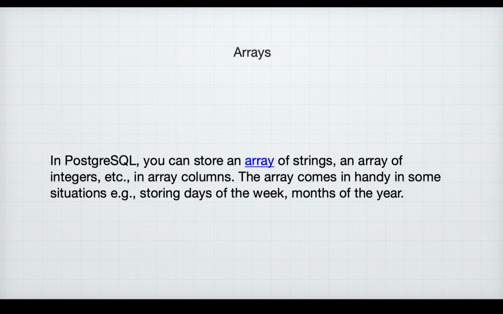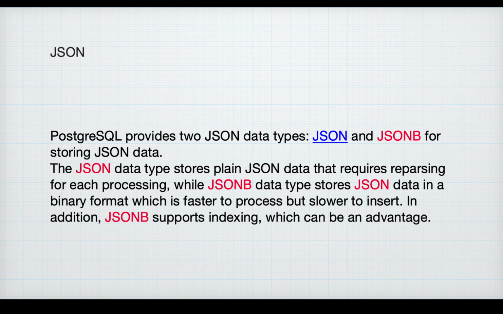The next one we also look at in Postgres is arrays, where you can store an array into a database column. And then PostgreSQL also has JSON. JSON is very important going forward.